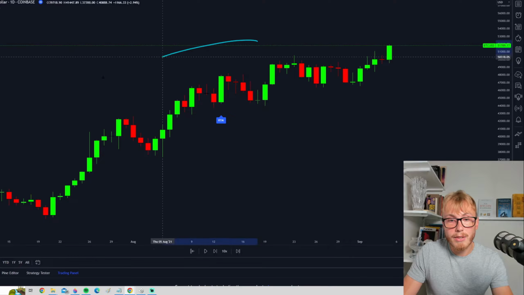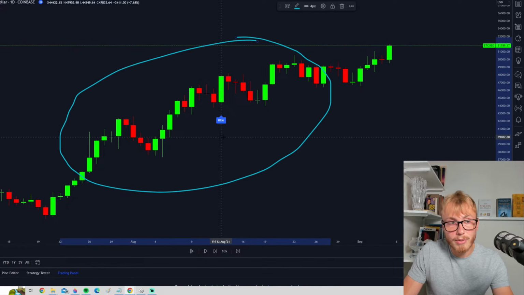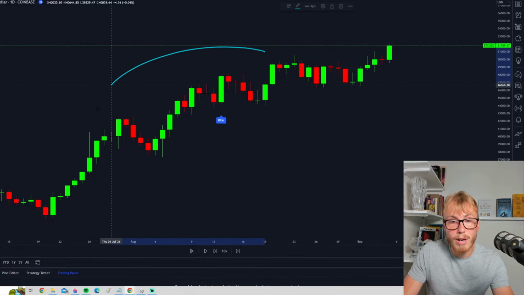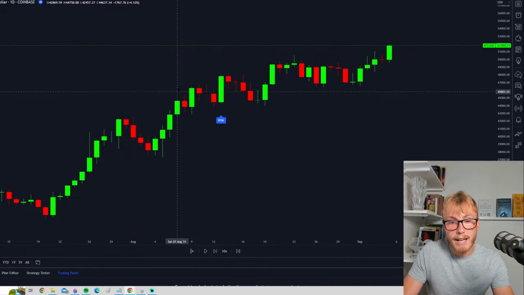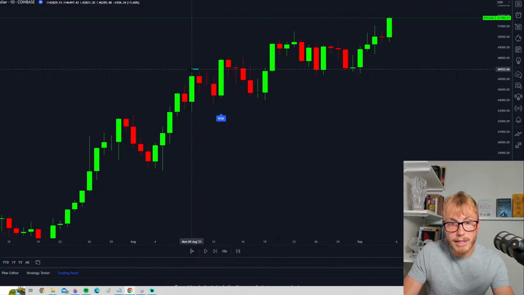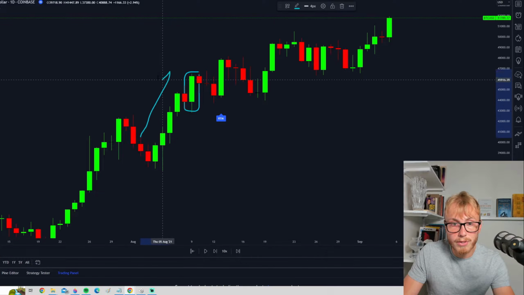This small red candle reflects a period of consolidation before the buyers take control once again and the trend continues towards the upside. Here you can see an example of the rising three methods on the Bitcoin chart. We're looking at a daily time frame, so every candlestick here is 1 day. And as you can see here, we do have an uptrend. This green candle right here is the start of the rising three methods. We have a strong green candle which comes after an uptrend.